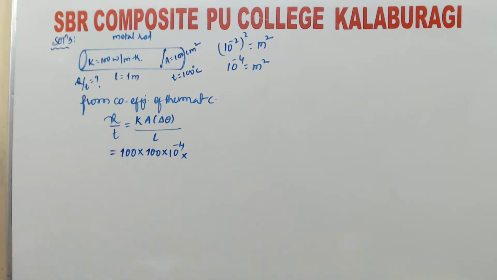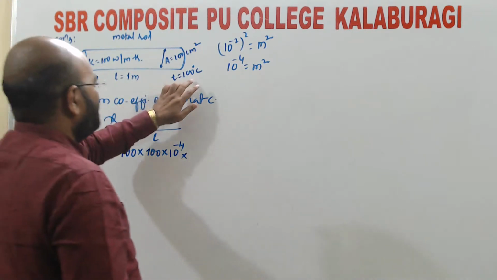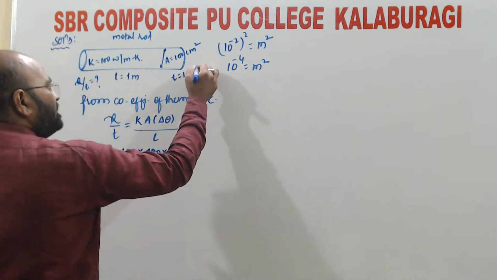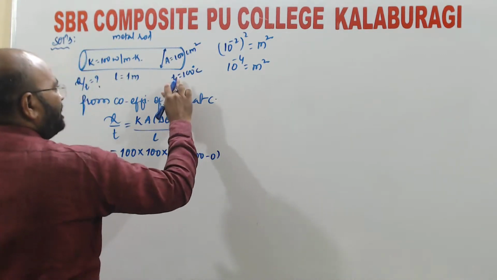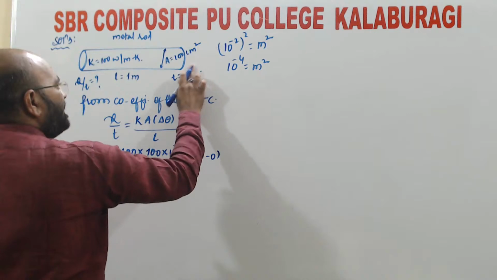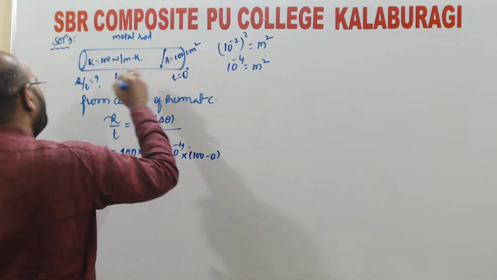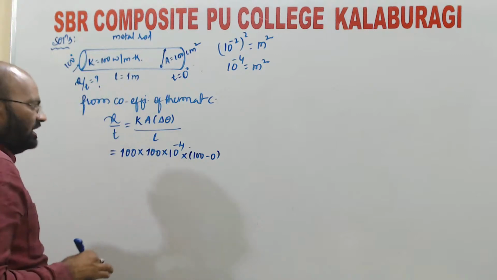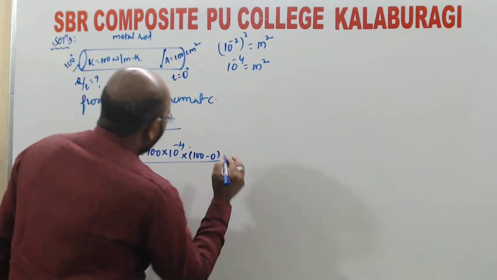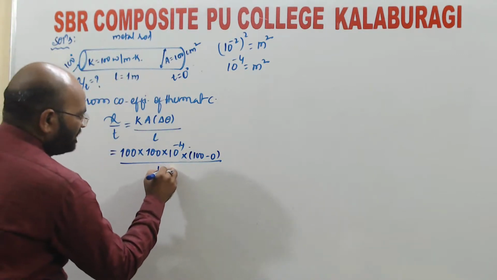How much is the temperature given? The first end is maintained at a temperature. So this is 100 minus 0. One end is 0 degrees Celsius, and the other is 100 degrees Celsius. Therefore, the whole is divided by the length, given as 1 meter.